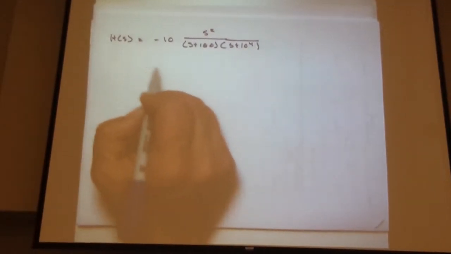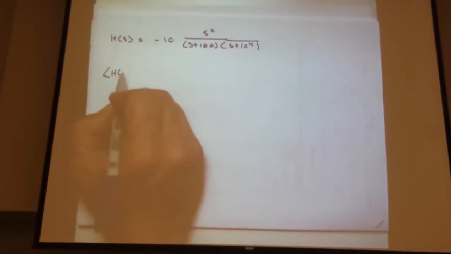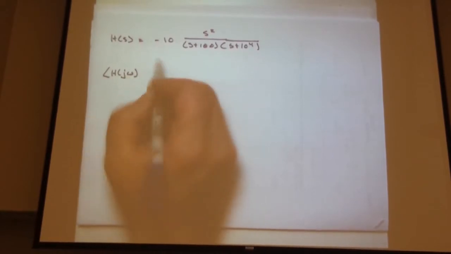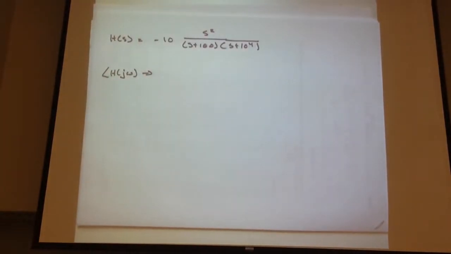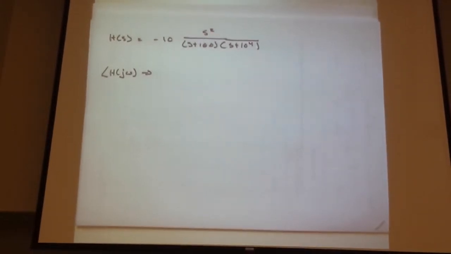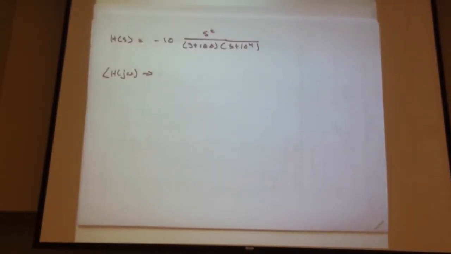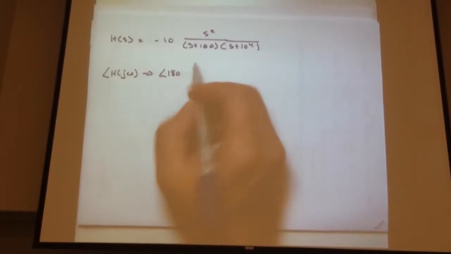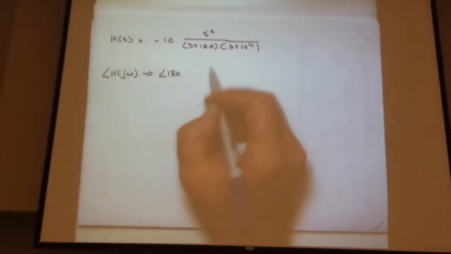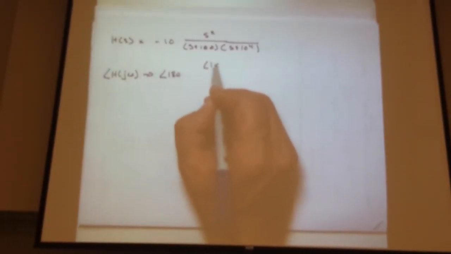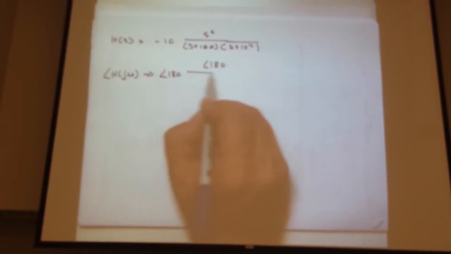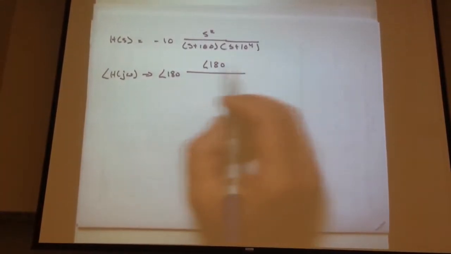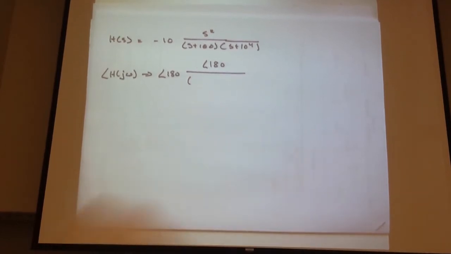Well, we still look at the individual components. Phase of H of j omega. What's the phase of negative 10? Not 0. 180. And now we have 180 up here. And here we have dependencies.